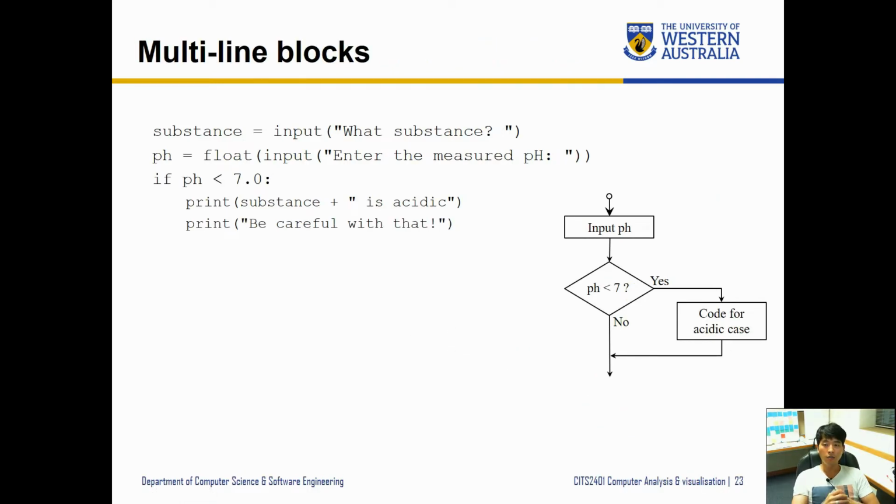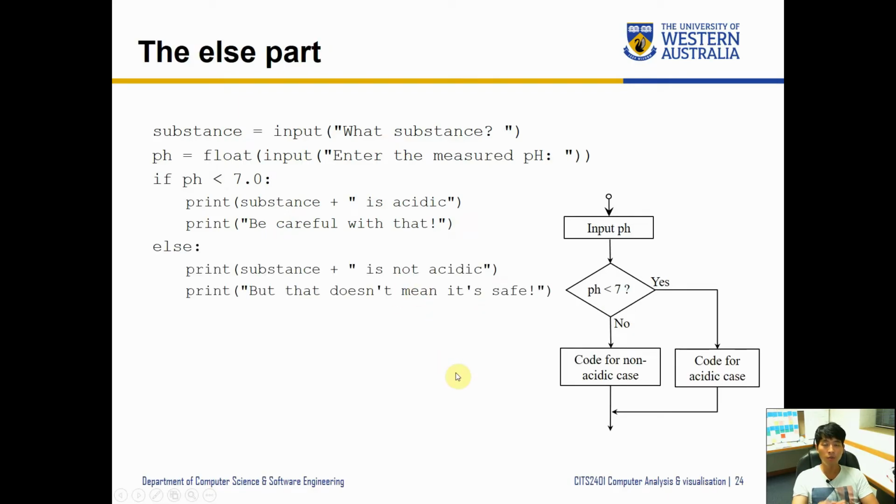Now we have two prints inside this if block. That means I have a lot more code for the acidic case. Now we're going to attach the else part. Then our diagram will change like this. We still have the main block code, but this one is part of the else.